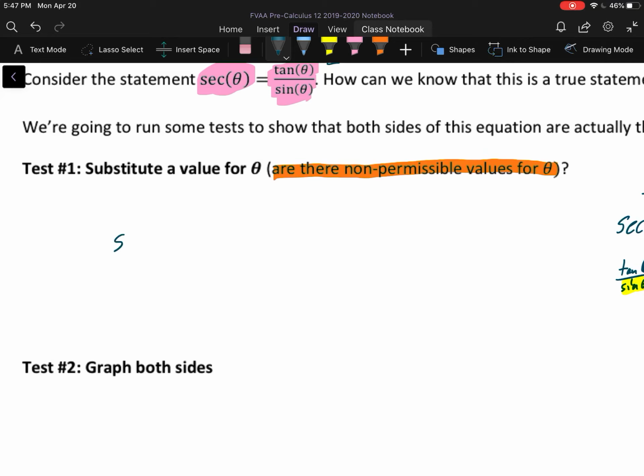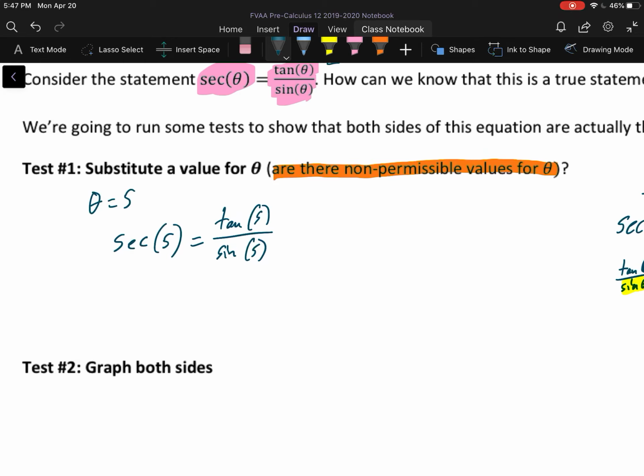So if I say secant 5 is equal to tan 5 over sine 5, I'm saying here that theta is equal to 5. I'm just substituting it. And if these are equal to each other, then both sides of the equation should equal the same thing.